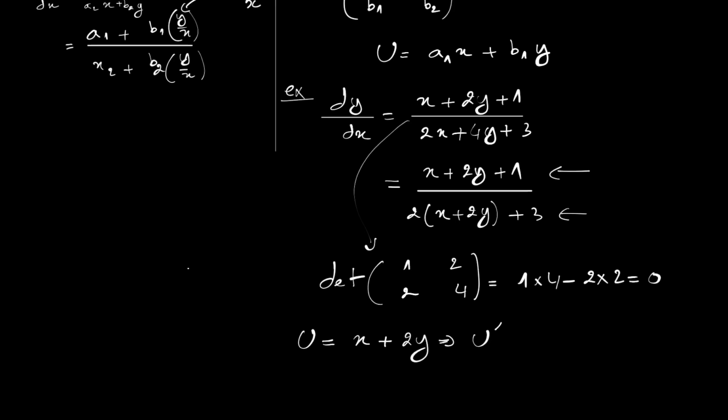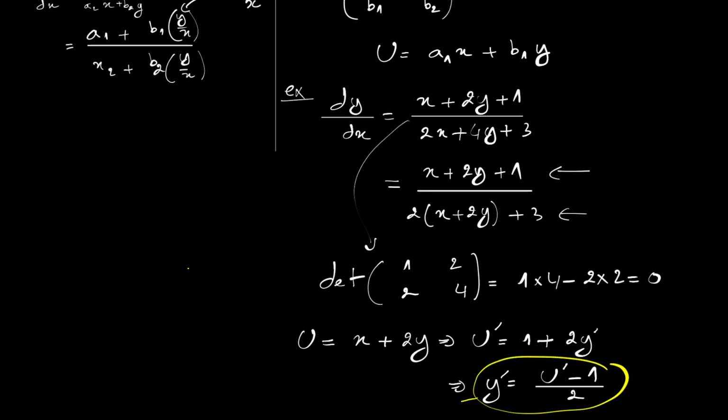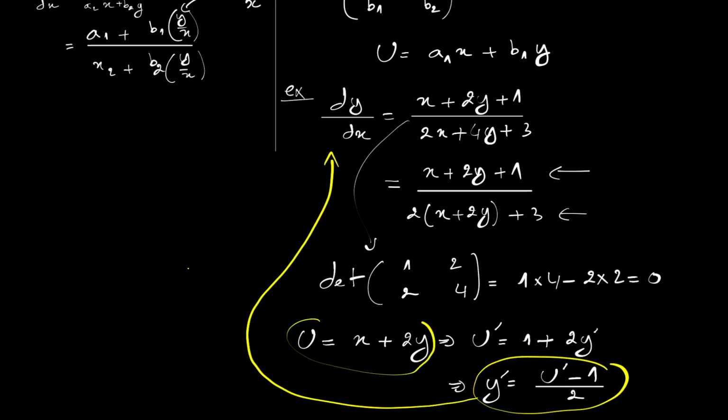then u prime equals 1 plus 2y prime. Then y prime equals u prime minus 1 over 2. Now we substitute this in our equation, and this here, and this here, and here.